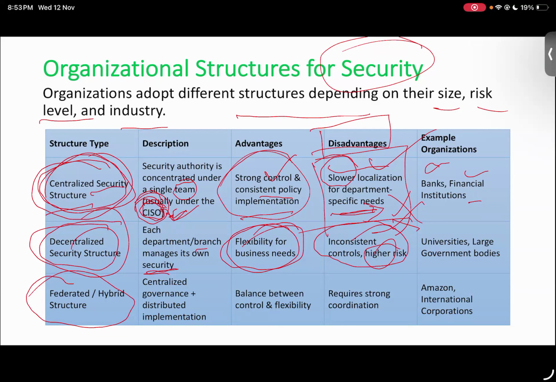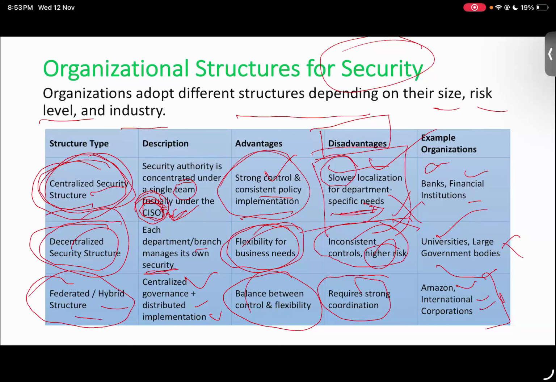As an example, you have universities, larger government bodies. So they have a decentralized structure. Then we have federated hybrid structure, which is centralized governance plus distributed implementations, between controls and flexibility, requiring strong coordination, such as Amazon, an international corporation.